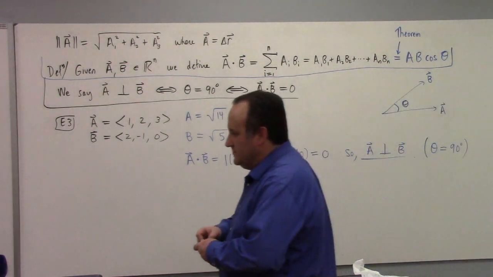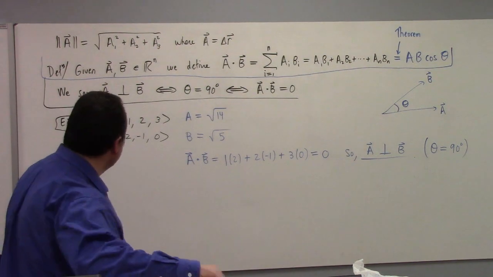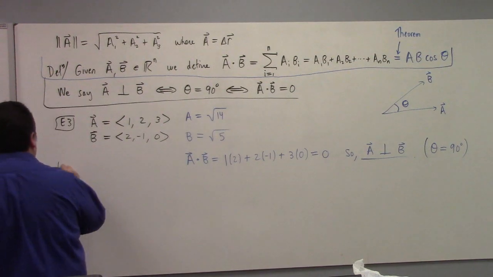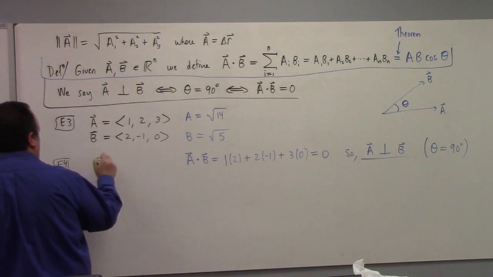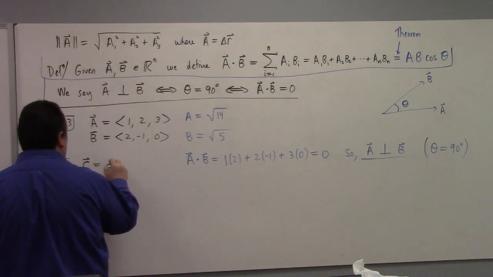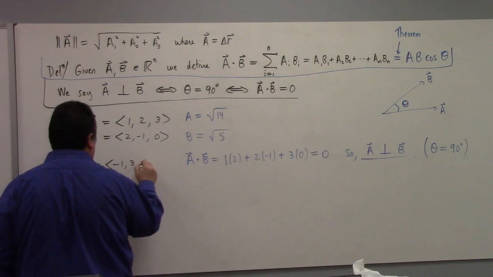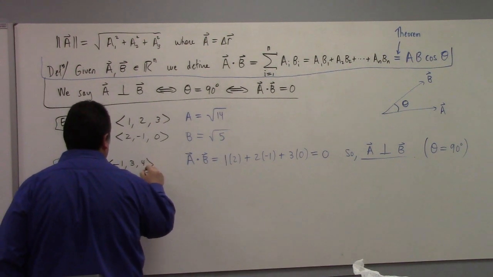Let's do one where we have an angle other than 90 degrees. Example 4: let's suppose we've got C equals minus 1, 3, 4.